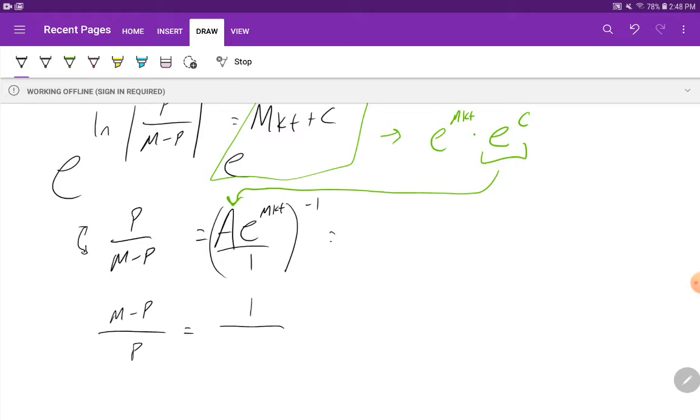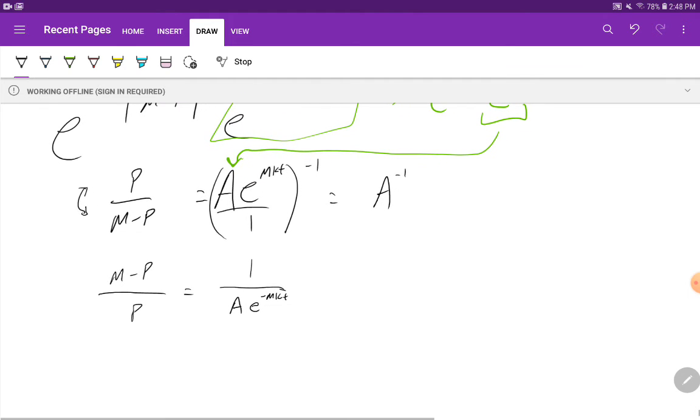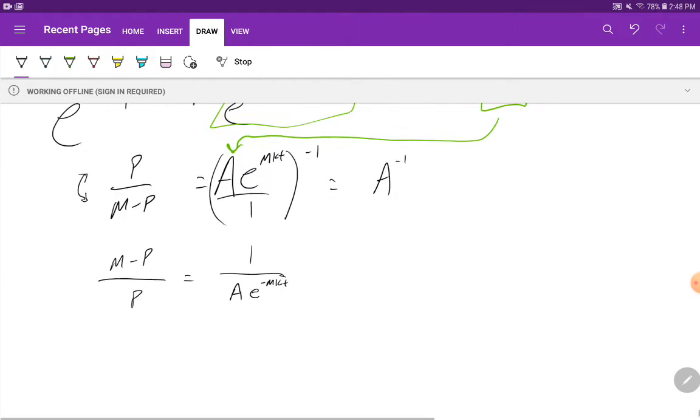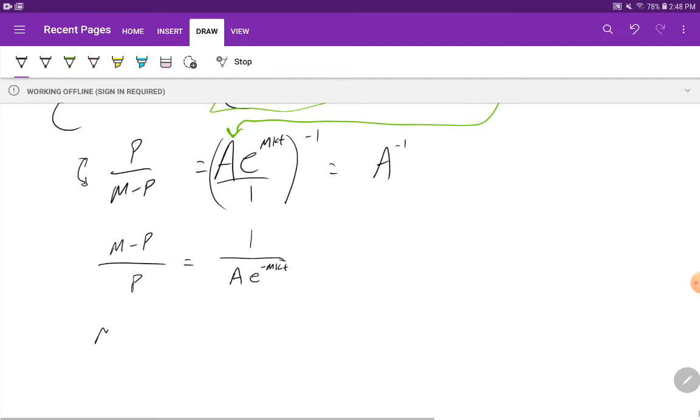So we can just leave the a alone because it's still going to be a constant. It holds its value of a. And then the rest goes e to the negative mkt, and that should hopefully explain where that negative mkt comes from. I hope that made sense and was good enough. But moving on, we get m over p minus 1 is equal to 1 over a e to the negative mkt.